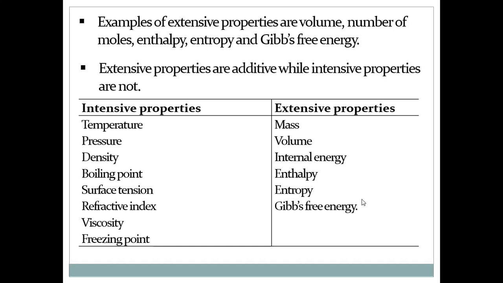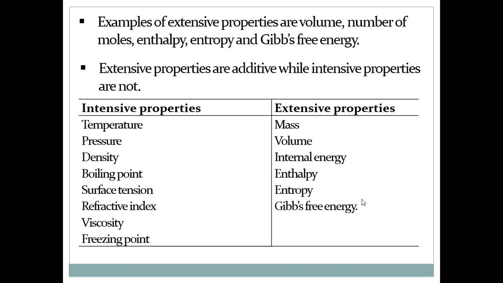So we have a table which is trying to exhaust all, giving us more of the intensive and extensive properties. On the intensive side, we have temperature, pressure, density, concentration, boiling point, surface tension, refractive index, viscosity, freezing point. All these don't change.